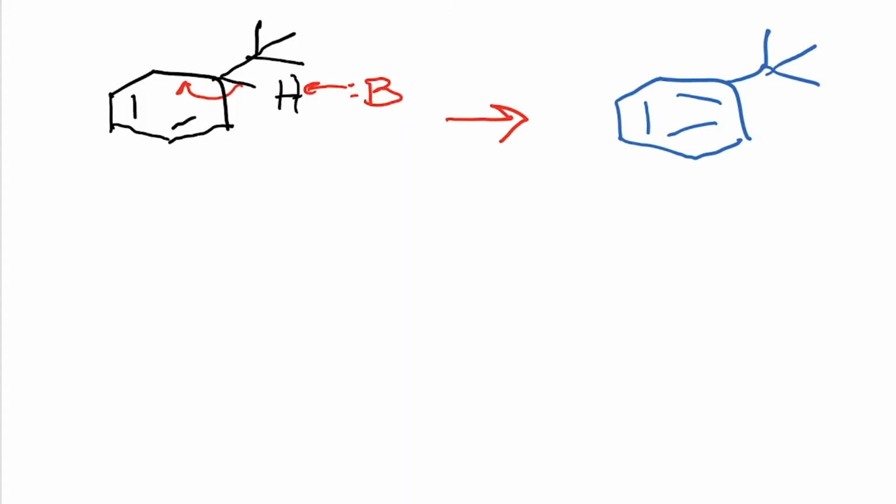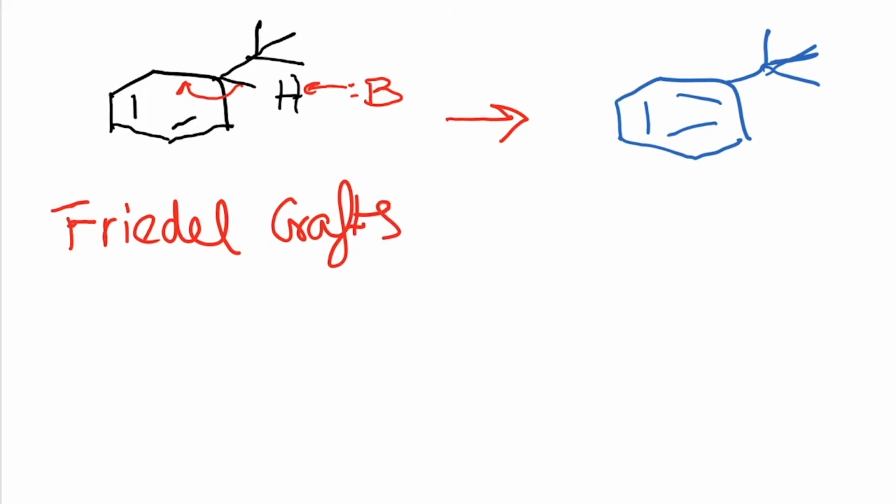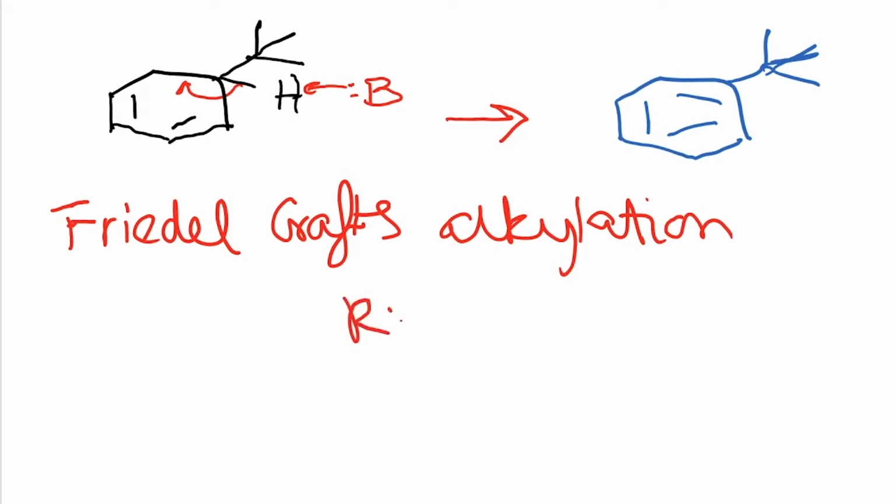So this is something that we could straightforwardly propose, and this is essentially called the Friedel-Crafts alkylation reaction. Again, as I said, the name is not very important here, but you need to understand the mechanism.